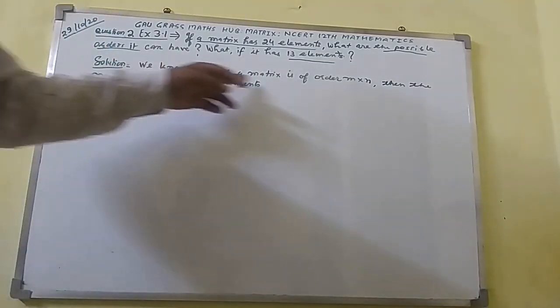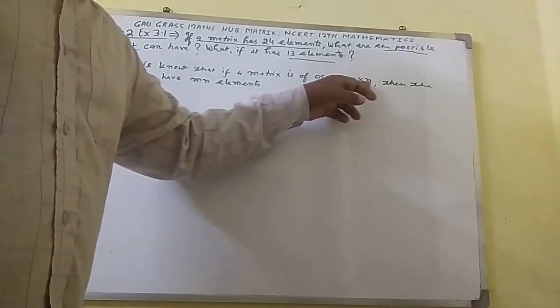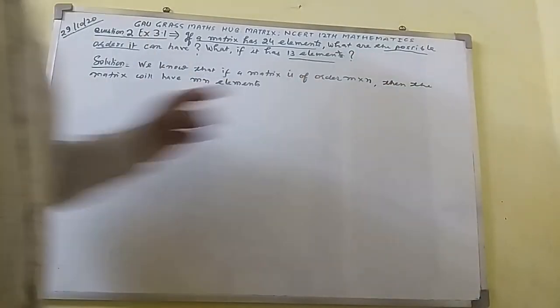We know that if a matrix is of order m cross n, then the matrix will have mn elements.